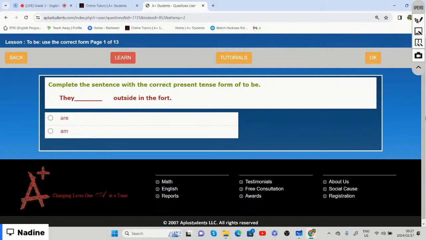So basically, there's another word, another verb within that sentence. So they are outside in the fort or they am outside in the fort. Remember also when you read the sentence, it also needs to make sense, right?